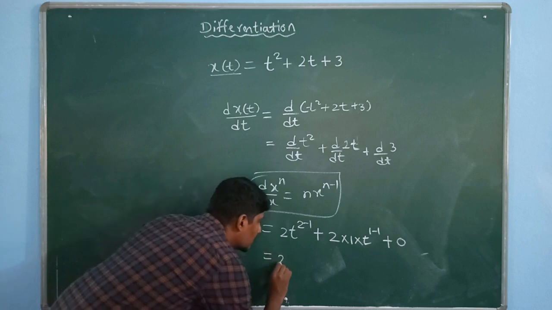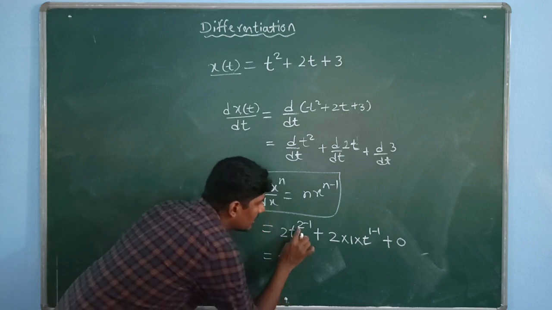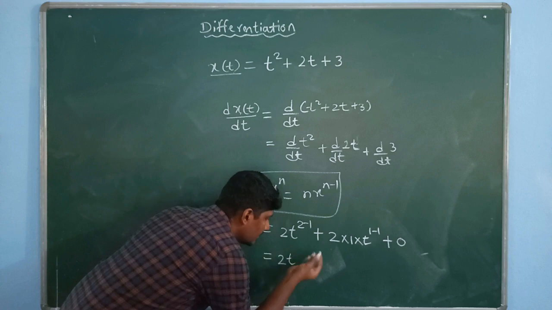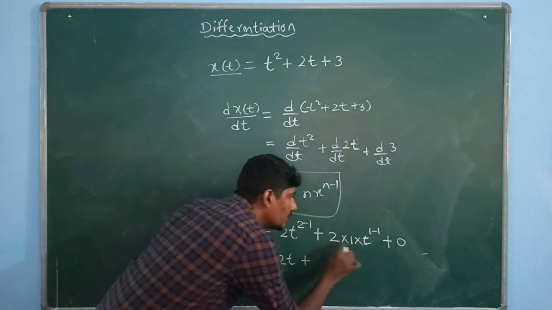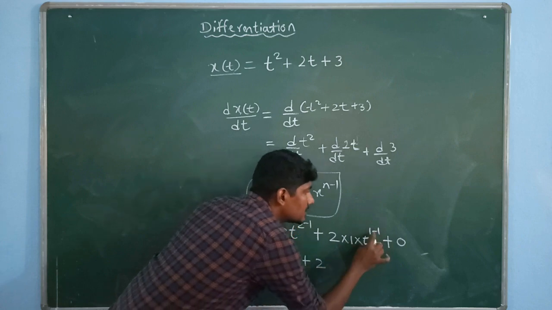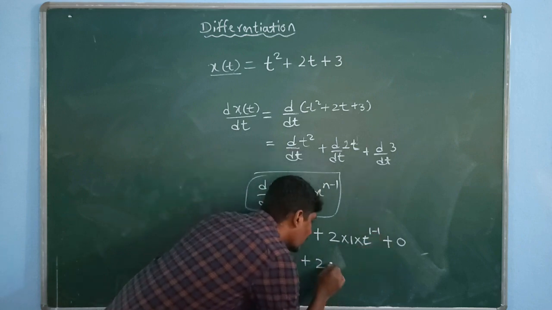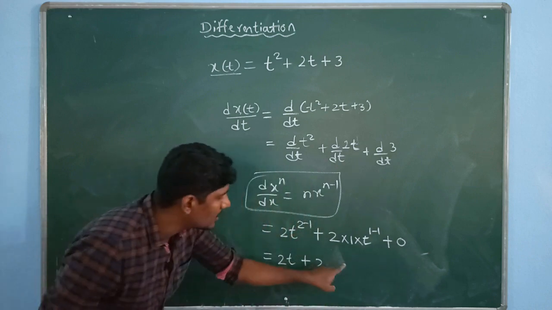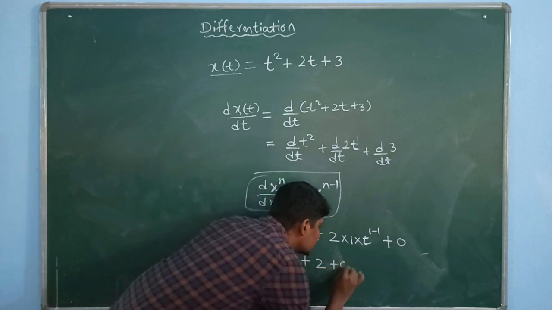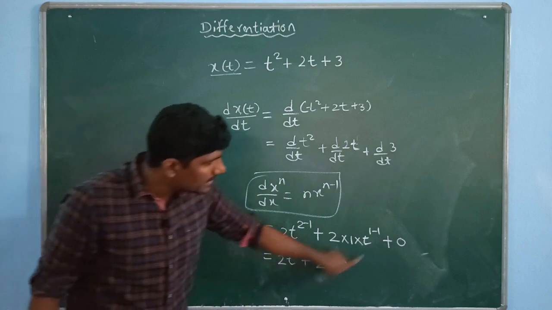Finally, 2t raised to what? 2 minus 1 means 1. So don't write anything if it is power 1. Then here we have 2 into 1, it is 2. T raised to 1 minus 1, 0. Anything raised to 0 is 1. So just write 2 here plus 0. Actually no need to write 0 here.